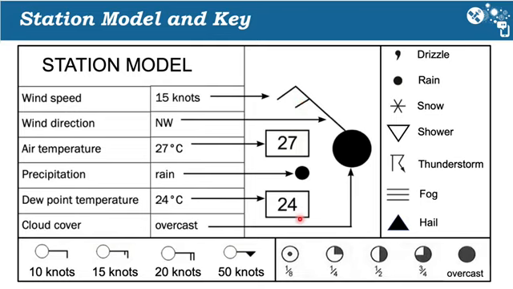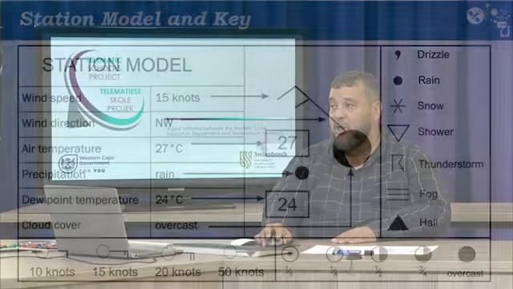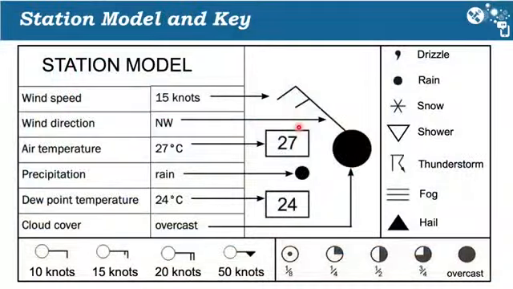There will always be two numbers. The top number is the air temperature at that particular time. So at the particular time when this data was collected, the air temperature was 27 degrees Celsius. Now, grade 10s, please remember, the weather station model has to occupy a relatively small space on your map. So we leave out the degrees Celsius here because we don't have space for it.